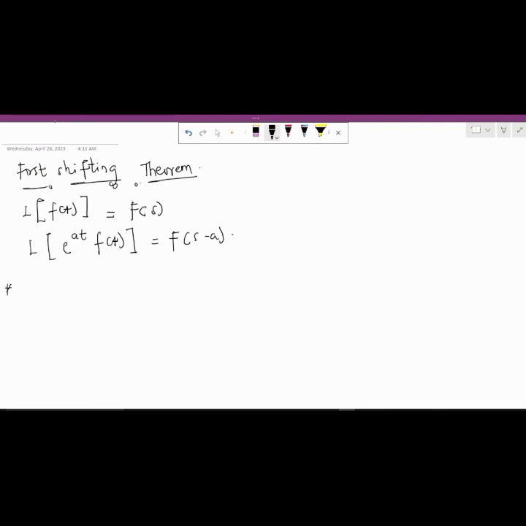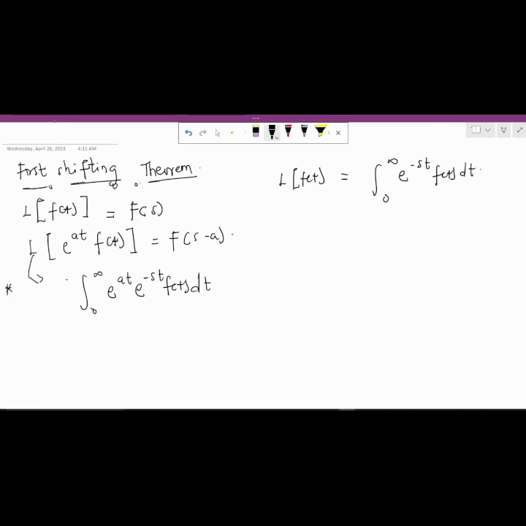So we know that the Laplace transform of f of t is simply the integral from 0 to infinity of e raised to power minus st times f of t dt. So basically f of t now altogether is e raised to power at and f of t. So it means that the Laplace transform of this itself is equal to the integral from 0 to infinity of e raised to power at, e raised to power minus st, then f of t dt.